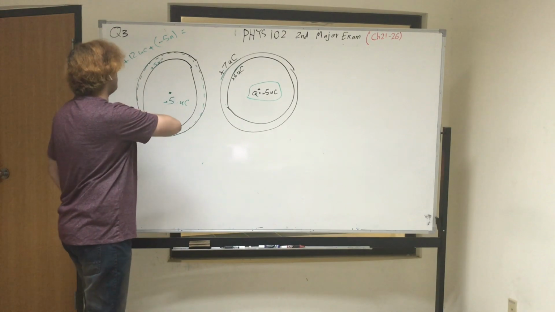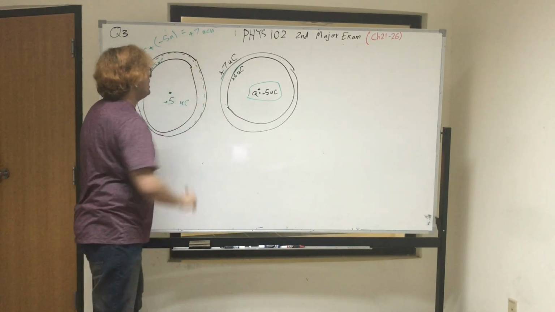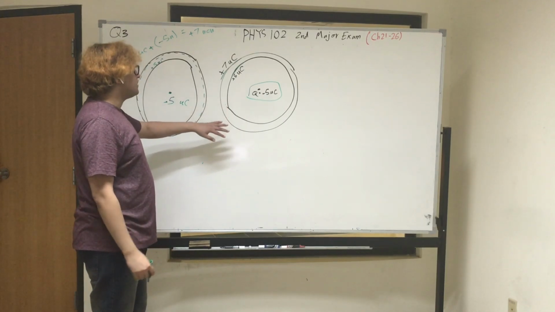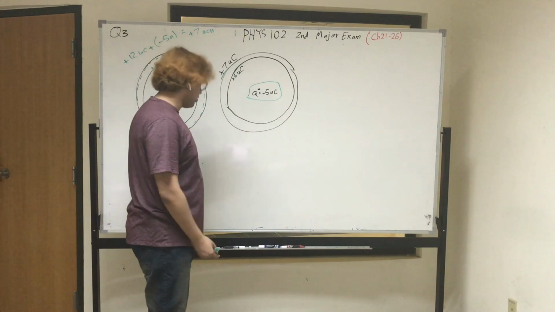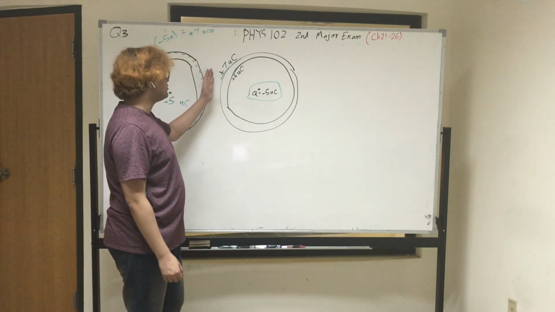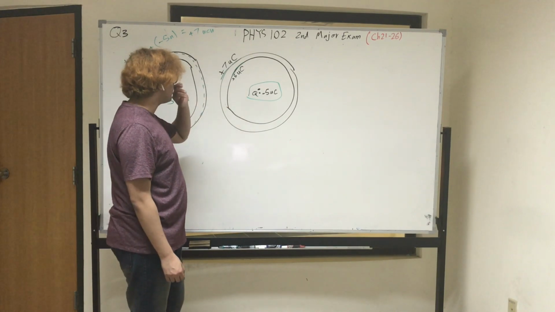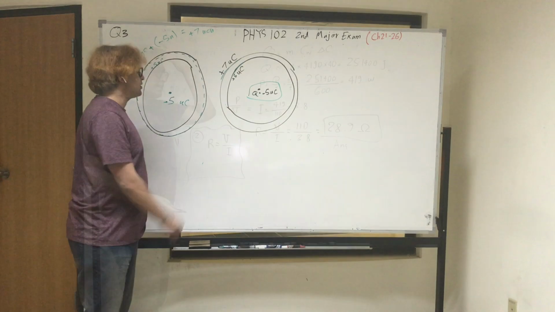Negative 5 plus positive 12, that's going to give you positive 7 microcoulombs. And that is how it looks after we place the negative 5 microcoulombs. So we're going to have positive 7 microcoulombs on the outer surface and positive 5 microcoulombs on the inner surface. And that is your result.